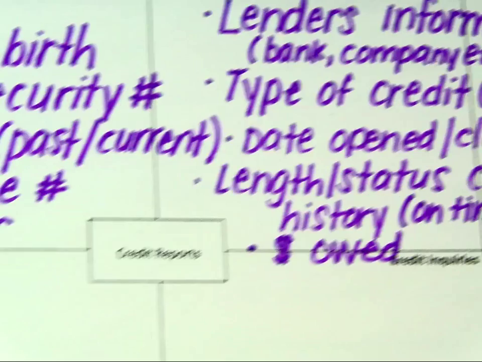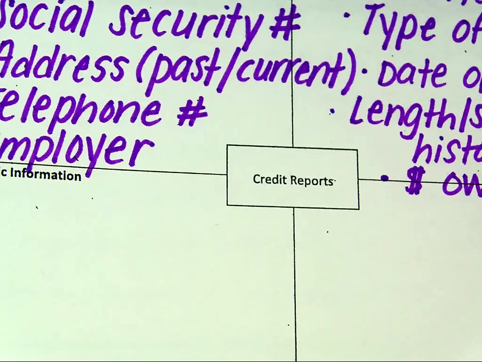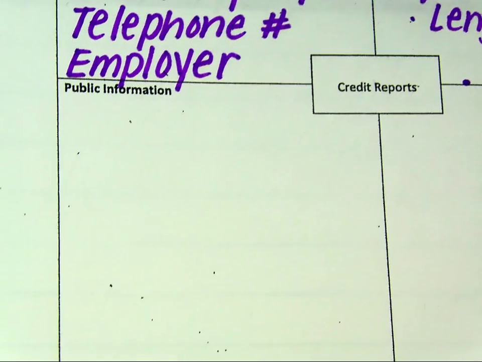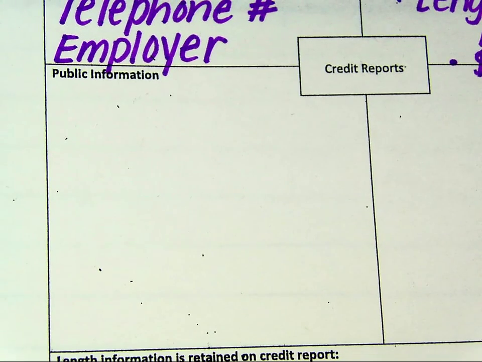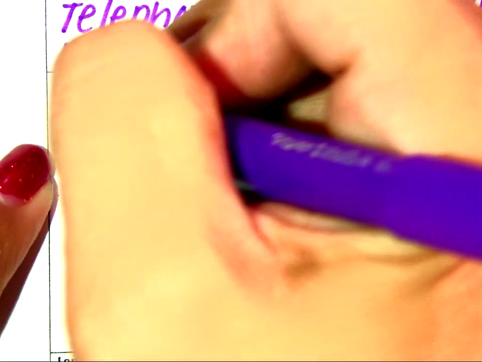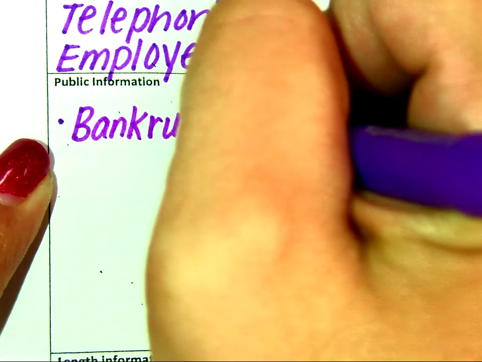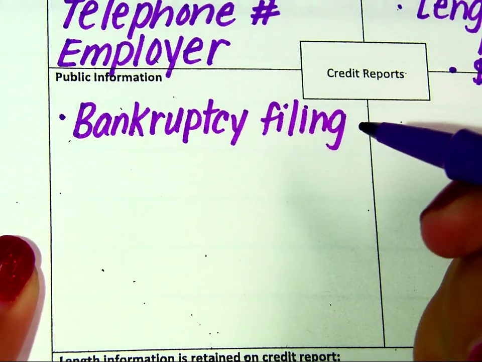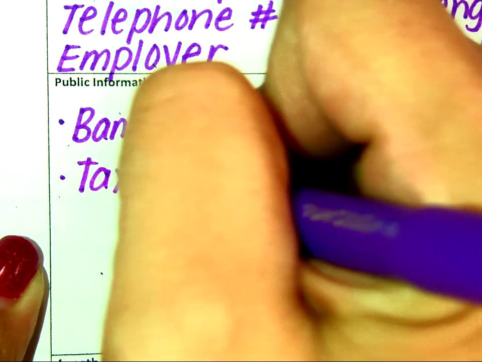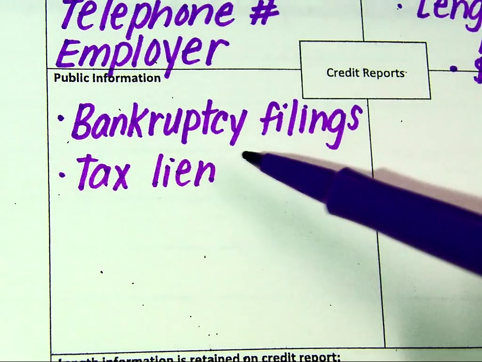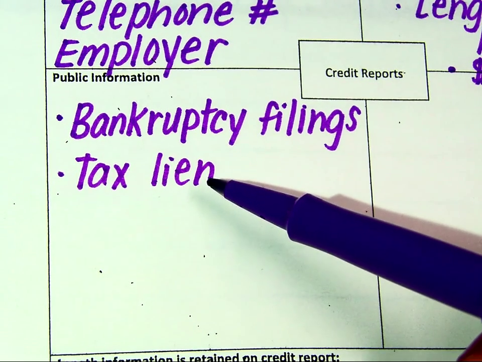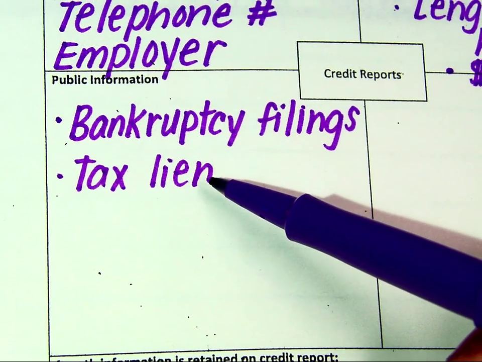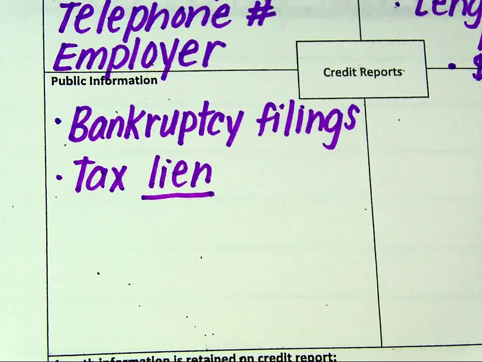The next section is public information. These are things that would be on public files with the court or something like that. So something like a bankruptcy, if you had to file bankruptcy, that would be listed under public records. If you have a tax lien, okay, and what a tax lien is, it's when, if you don't pay your taxes, the government will put what they call a lien on you.